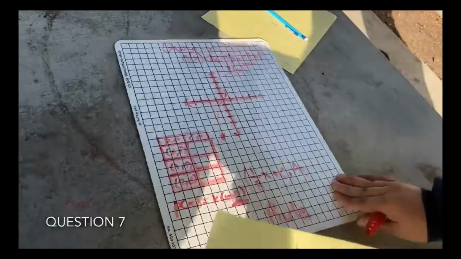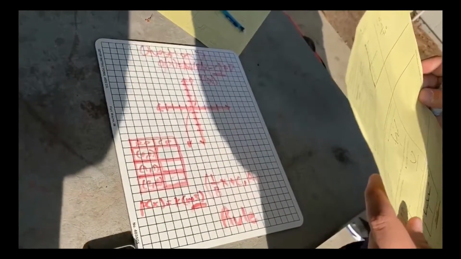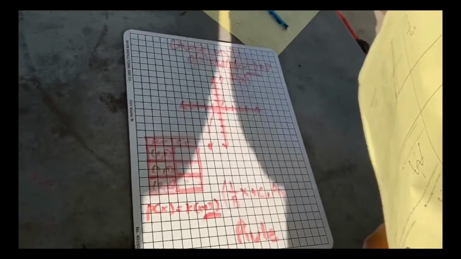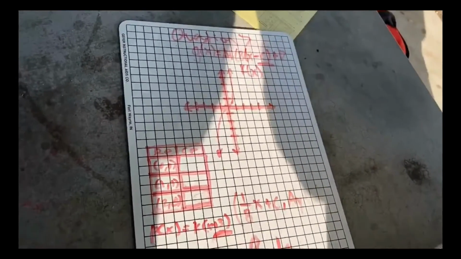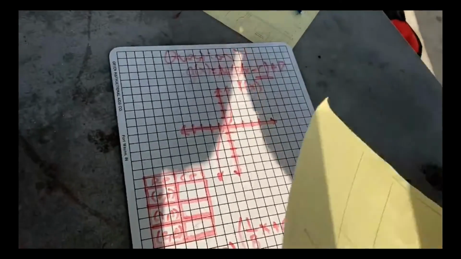Alright, so our question was question number 7, and for our problem we had to graph the basic cubic function k of x equals x to the 3rd power as p of x equals k of x plus 3.